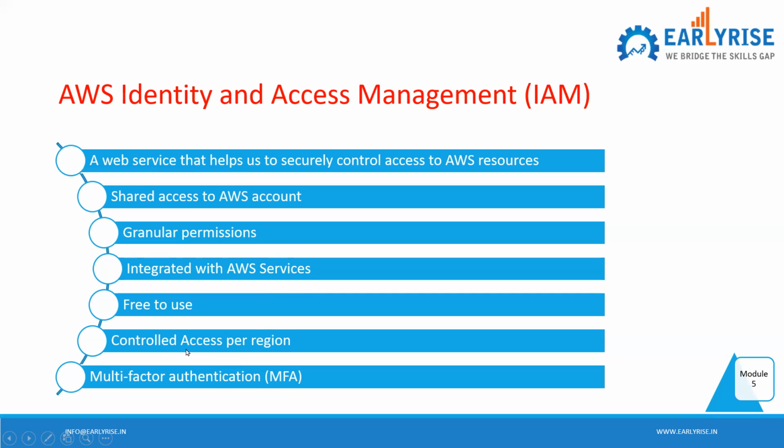So region-wise access granting, yes, you can control. You want to grant the user access only to the Mumbai region. You have EC2 running in the Ohio region and the Mumbai region, and you want to grant access only for the Mumbai region, so you can do that. You can control it. So those are the different features of IAM.